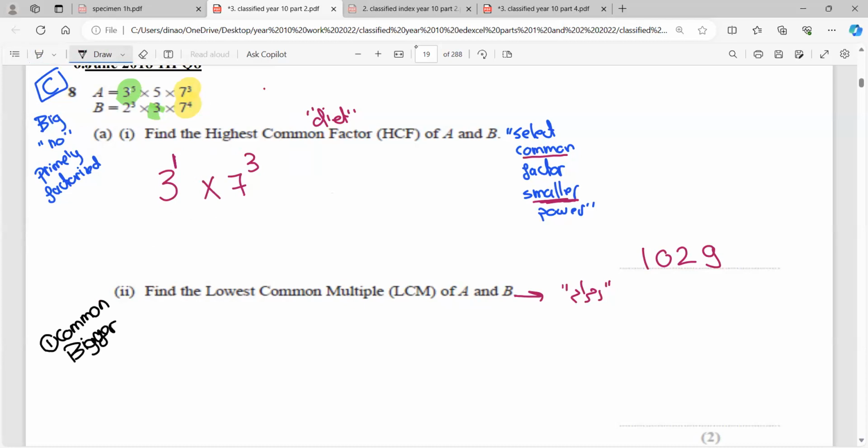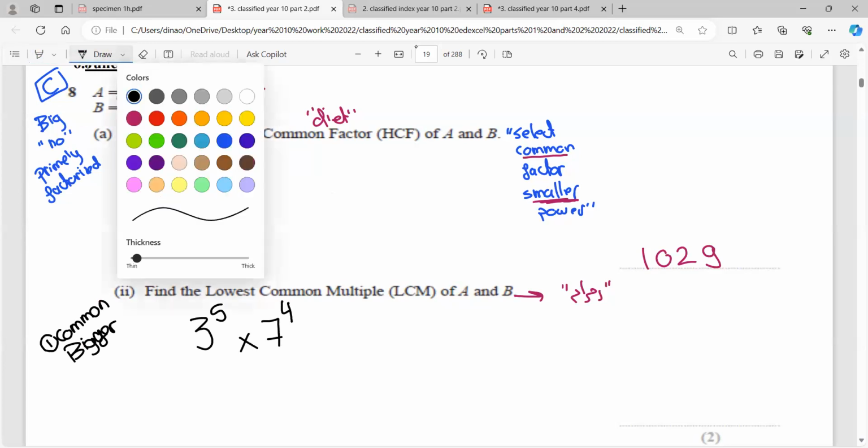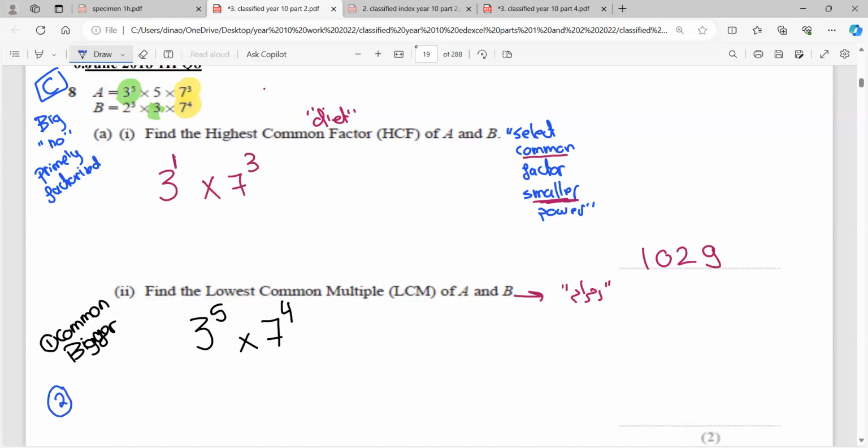So from the 3 power 1 and 3 power 5 he selects the bigger power. From 7 power 3 and 7 power 4 he selects the bigger power. So the LCM, as we agreed, is a glutton, he looks at the common first, and as for the common he selects the bigger power and he eats all the remaining factors as well.